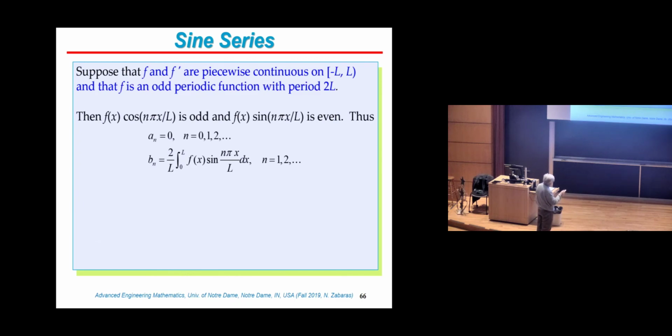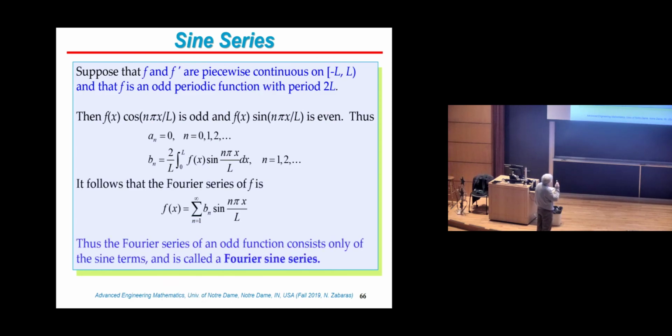The coefficients an that multiply f with the cosines will drop, and you stay only with the bn's. And that's the Fourier sine expansion. In general, of course, if you have some arbitrary function, you're going to have both the cosines and the sines, and so you have to compute both of them.